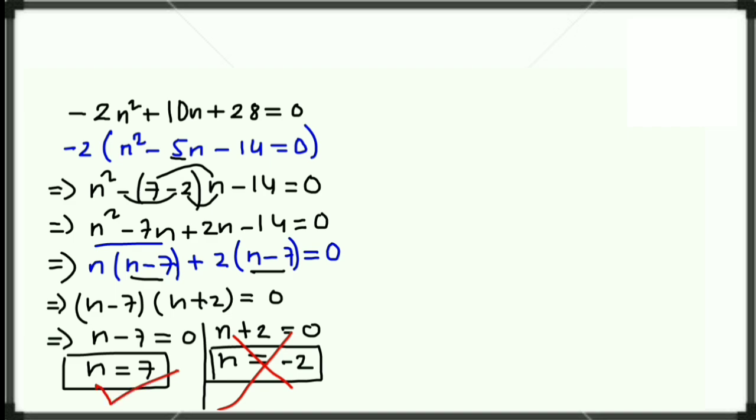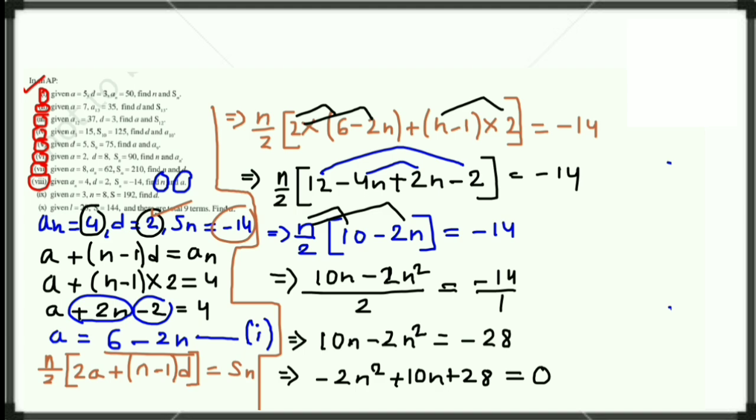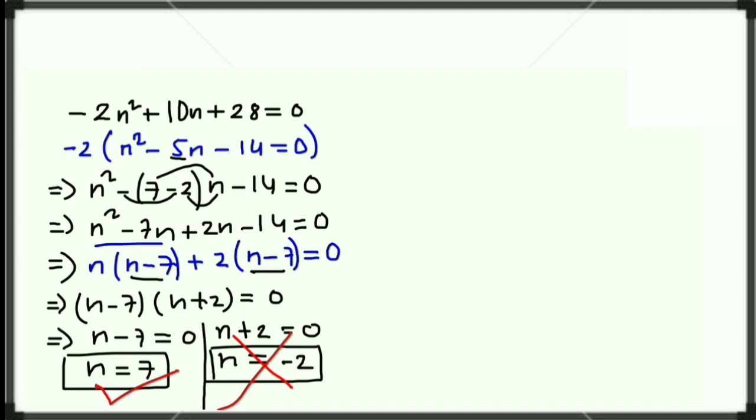Now, by putting the value of n in equation 1, we can easily obtain a, that is first term. Okay, let's find over here. Okay, our first equation is a equal to 6 minus 2n.